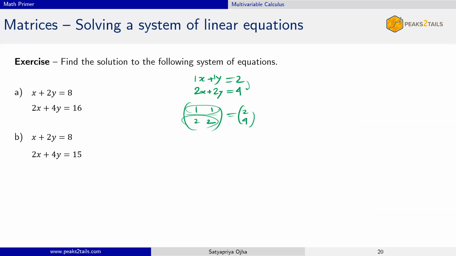Question to you: do you think you will have no solution or infinitely many solutions? Many solutions, right? Because these are effectively only one equation.